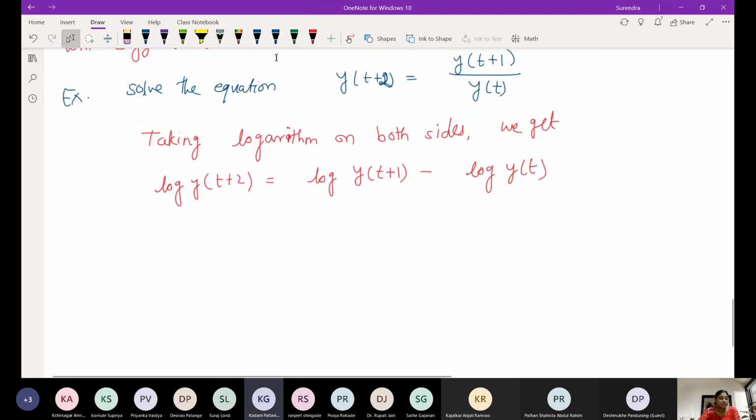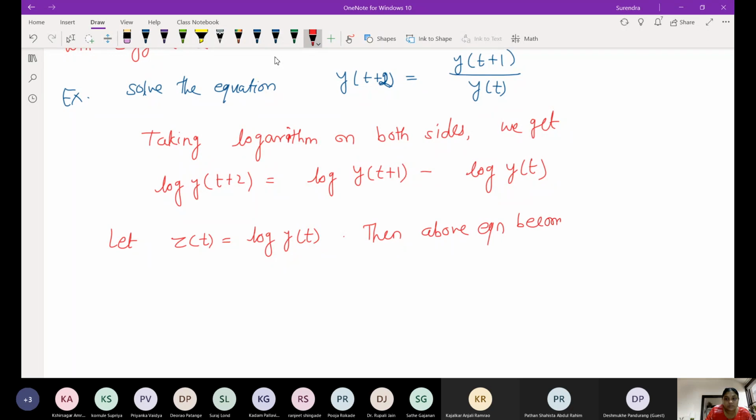So what should be the substitution so that we will get a linear equation? Let zt be equal to log of yt. Then the above equation becomes z at t plus 2 is equal to z at t plus 1 minus z at t.